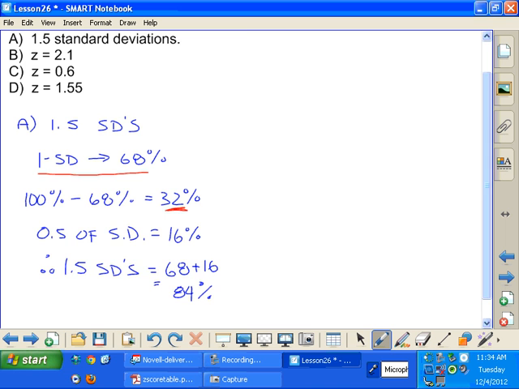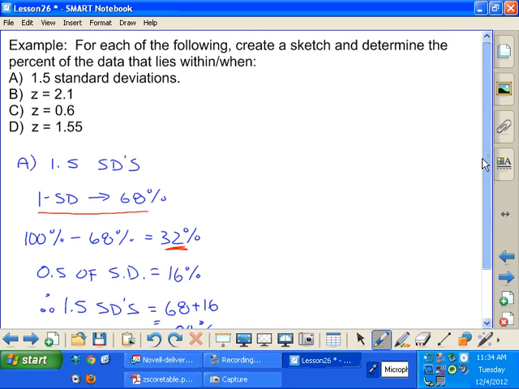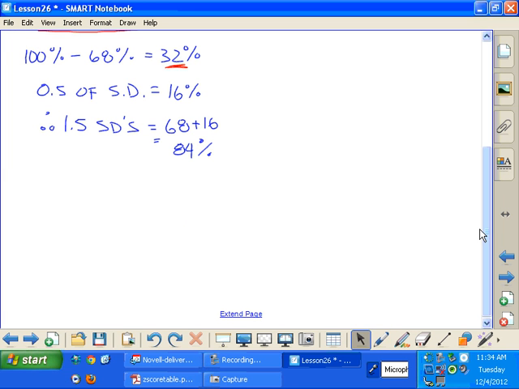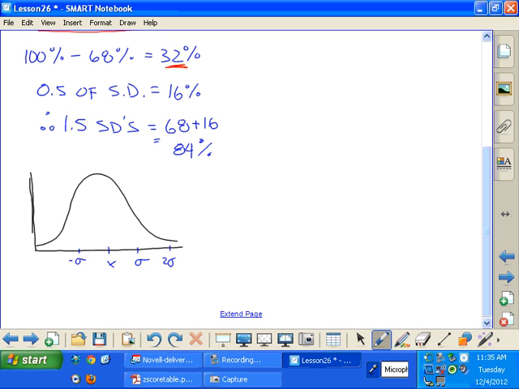So the question again, all we're looking for is the percent that lies within, and we want a diagram with that. With that particular example, if this is our mean, and this is a standard deviation and this is a standard deviation, we want 1.5, so we're not quite getting to the 2 mark, so we're going from here to here, the halfway point between 1 and 2.